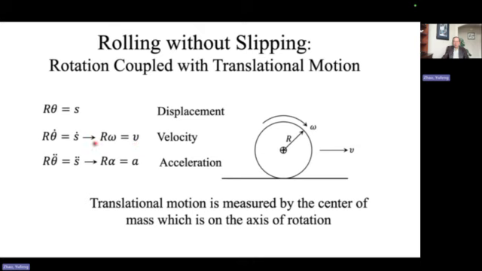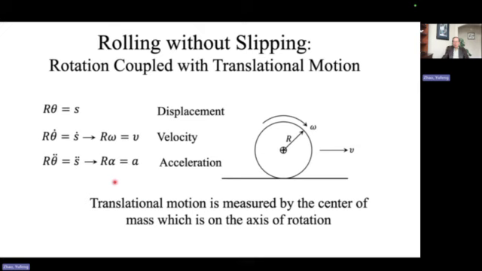Similarly, if we take the second-order derivative with respect to time, we get R times theta double dot equals S double dot. That means R times alpha, the rotational acceleration, equals a, the linear acceleration. So these three equations are the basic equations to describe rolling without slipping.